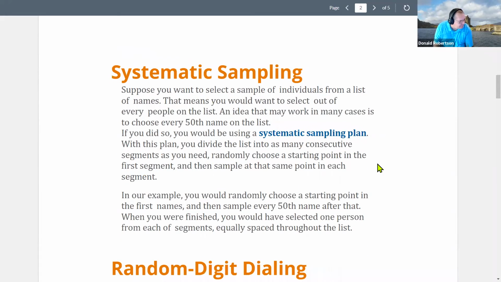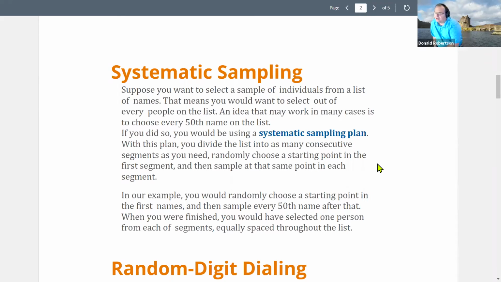Next thing. A systematic sample. There's their formal definition. Let me give you an example of what that would look like. Suppose I wanted to get a sample of 200 people from Olympic College. I wanted a random sample. A systematic sample could simply just be get a list of every single student at Olympic College and have them numbered 1, 2, 3 down to 5,000, say, right?